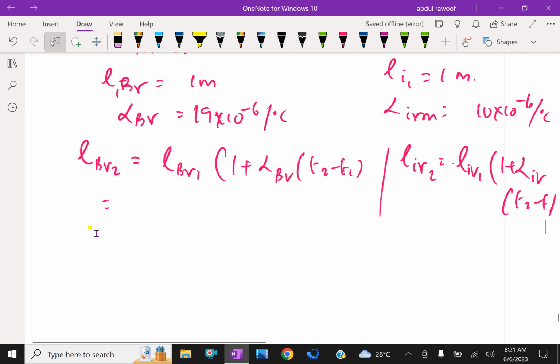From these two, let this be equation 2 and this be equation 1.